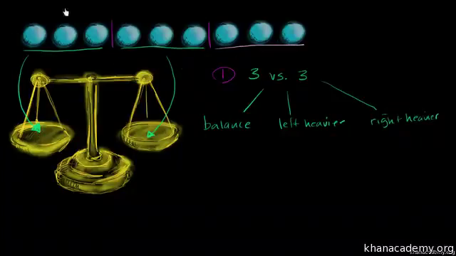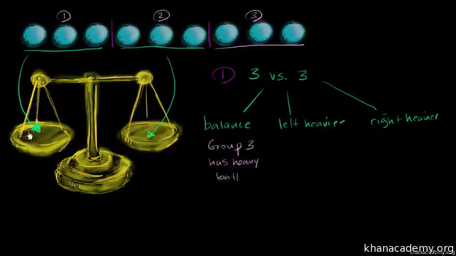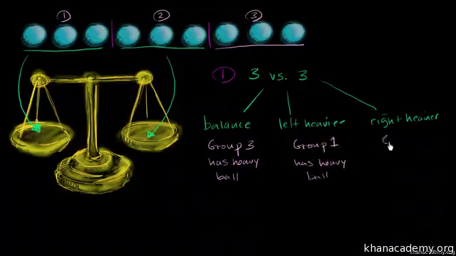Actually, let me write it this way. If this is group 1, group 2, group 3, then this tells you that group 3 has the heavy ball. If the left is heavier, then we know group 1 has the heavy ball. And then finally, of course, if the right is heavier, we know that group 2 has the heavy ball.